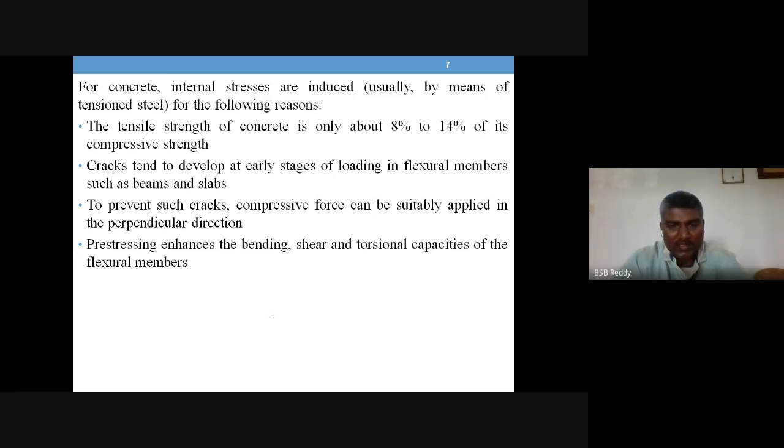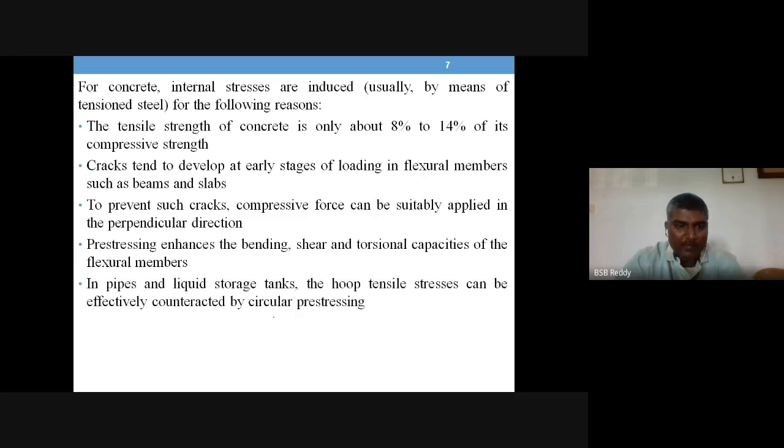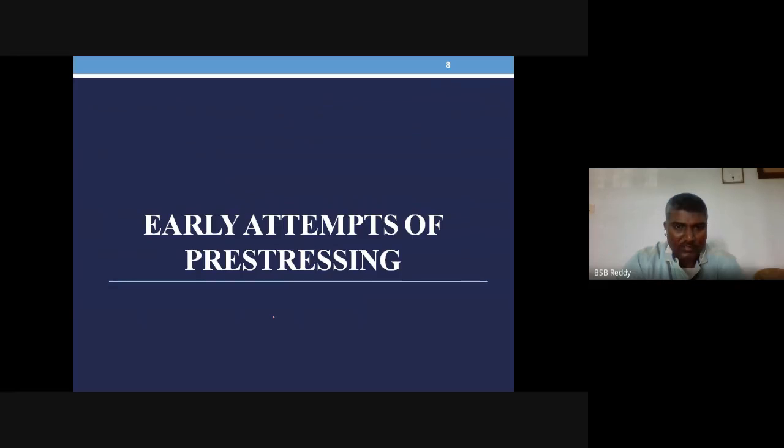Pre-stressing enhances the bending, shear, and torsional capabilities of flexural members, and in pipes and liquid storage tanks, the hoop tensile stresses can be effectively counteracted by circular pre-stressing, and we'll talk in detail about this also.